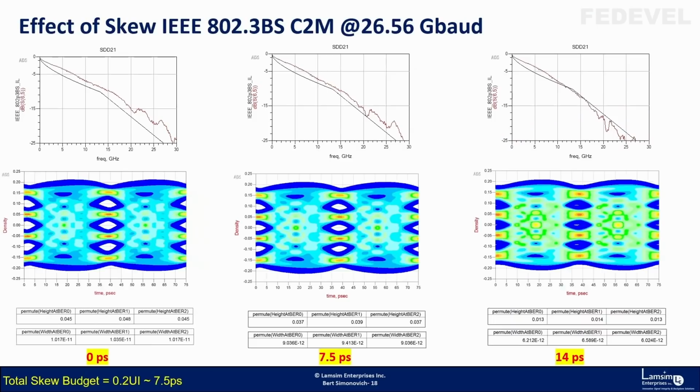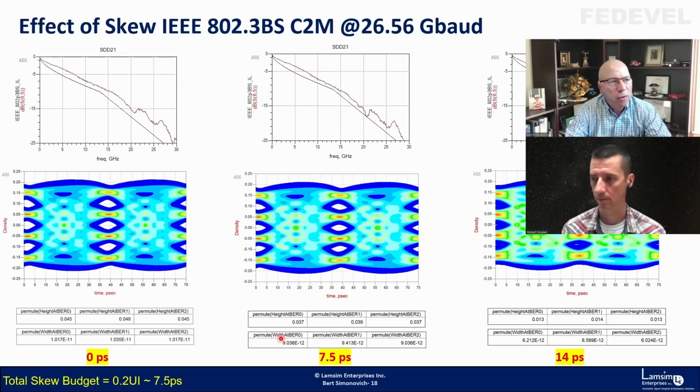So how much skew is important? It breaks down to this picture here. Generally, we have a skew budget. Going back to via resonance, skew causes a resonance as well, so they're similar to via stubs.